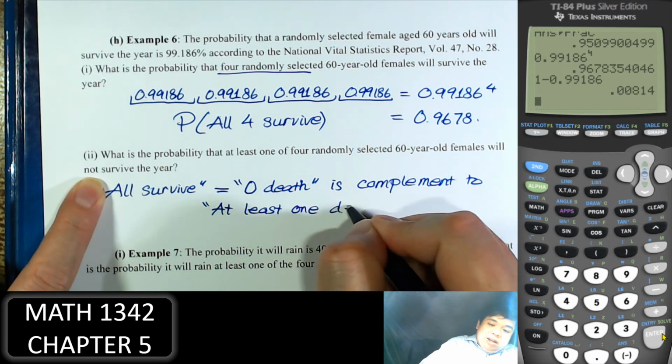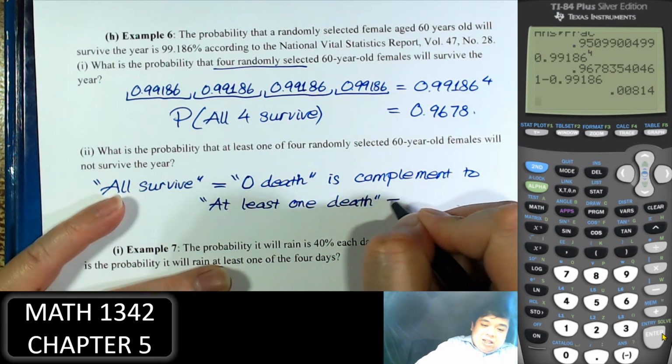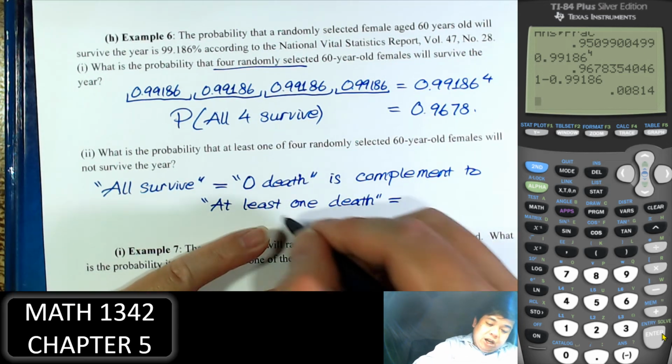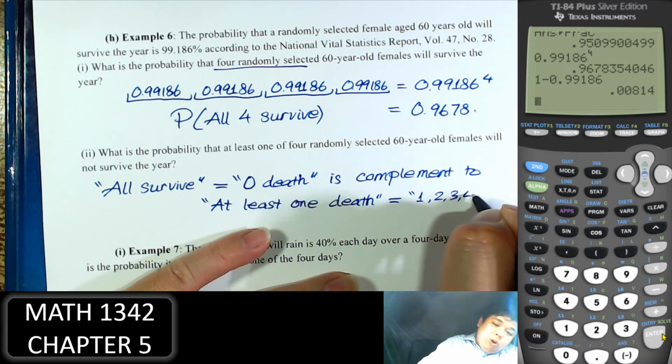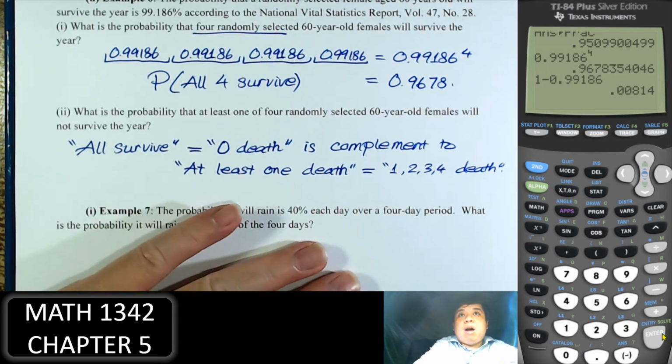Not survive here means death. If we write that, these two are the same, which is the complement of these two, at least one death, or we say 1, 2, 3, or 4 deaths. So they are complements of each other.